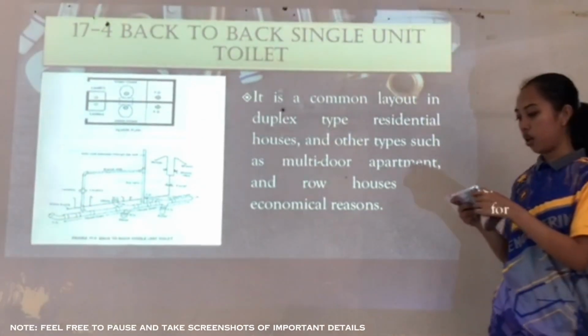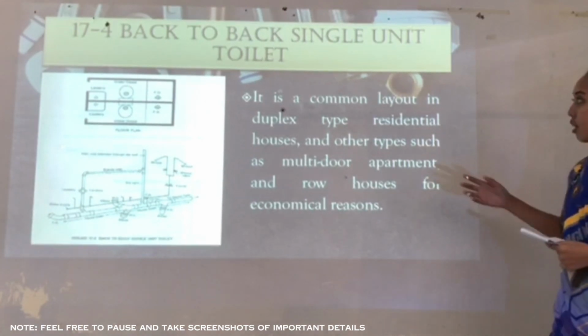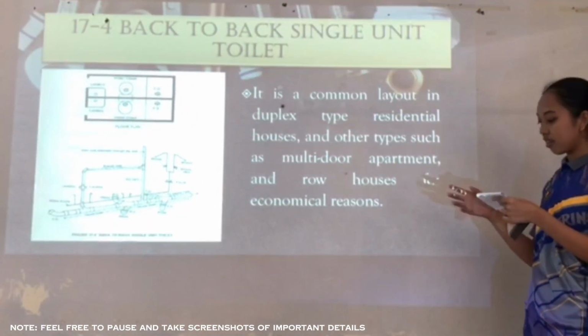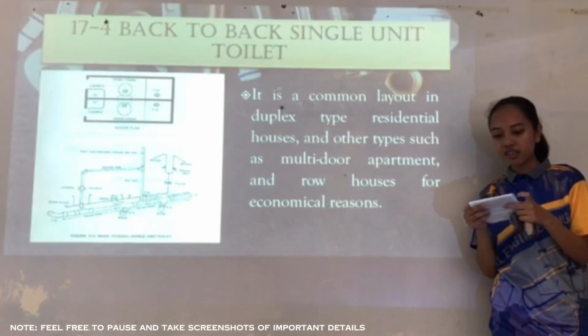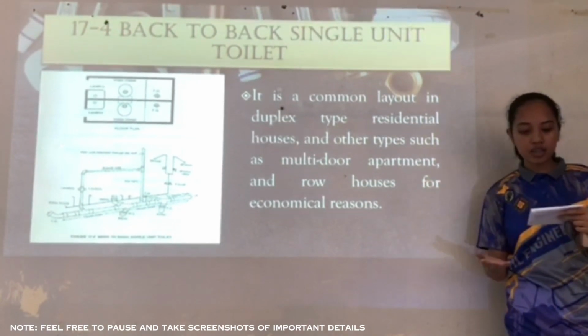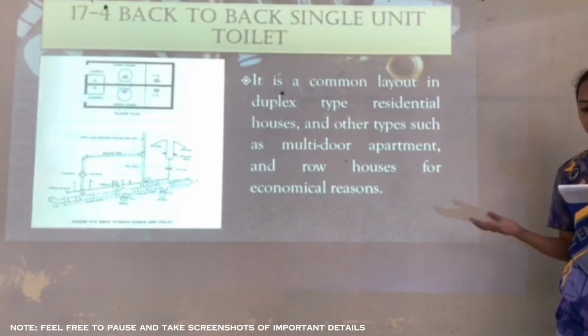So for those multiple bathrooms, we have the back-to-back single-unit toilet. This design is commonly used in duplex-type residential houses and other types such as multi-door apartments and row houses for economical reasons.